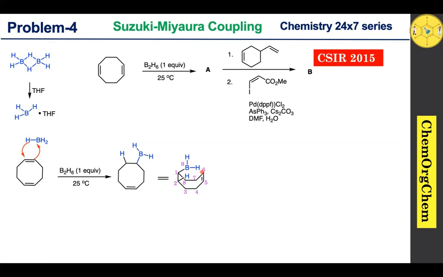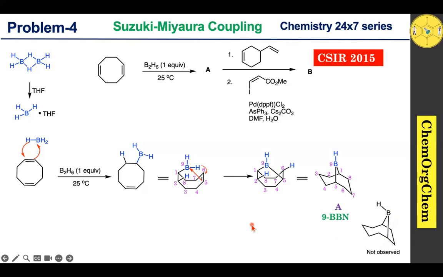Compared to these two sets of transition states, two six-membered transition states are more stable. Therefore, hydrogen adds to the sixth carbon, and the fifth carbon takes the remaining boron unit, producing this corresponding product. The other product is never observed.